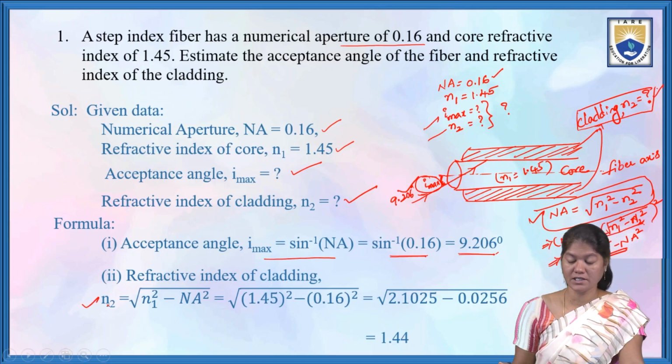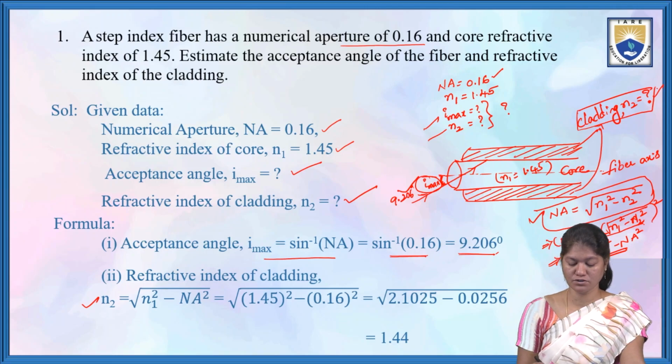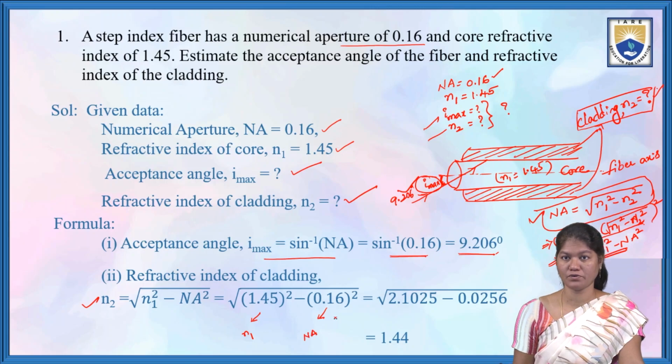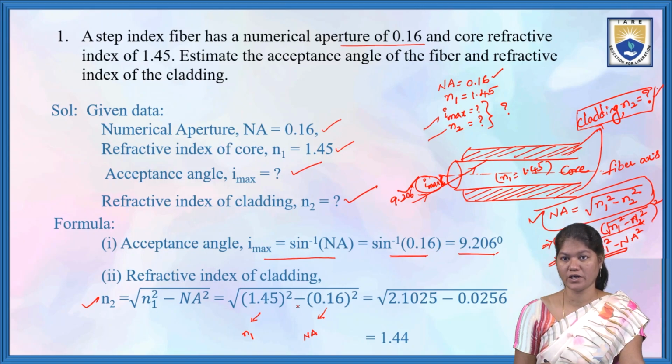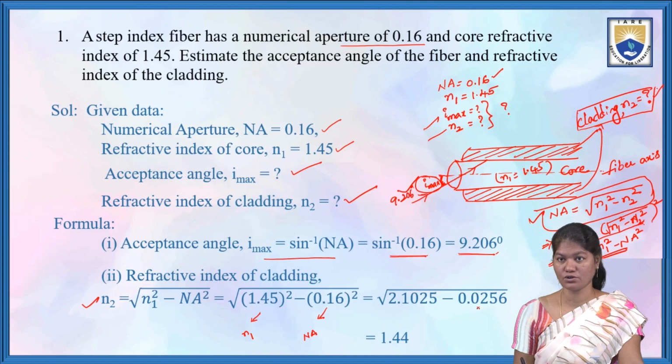So let's substitute the values of N1 and NA. N1, the refractive index, is 1.45, and the numerical aperture is 0.16. So root of N1 square minus NA square is equal to root of 1.45 square minus 0.16 square. The value of 1.45 square is 2.1025, minus 0.16 square, which is 0.0256.